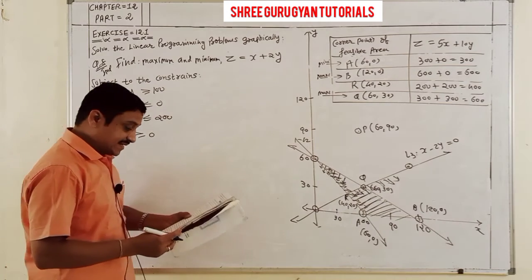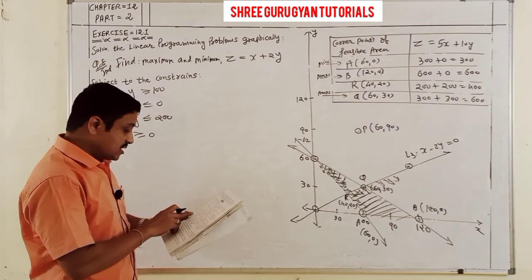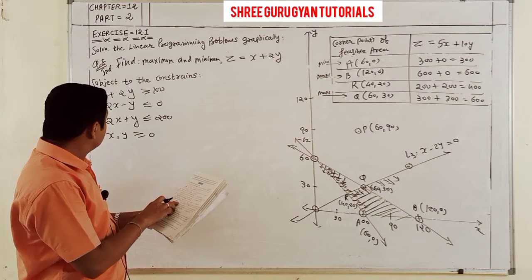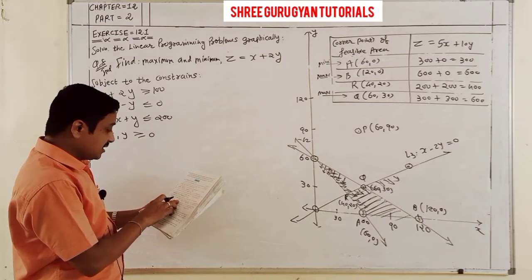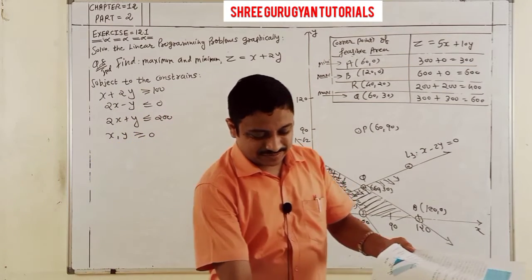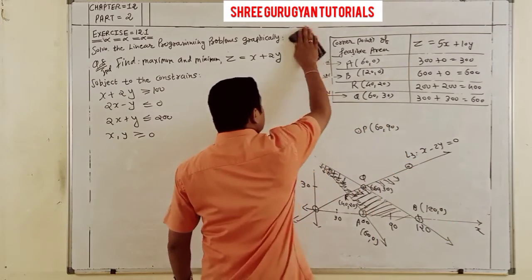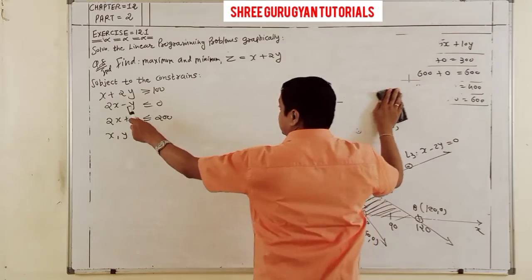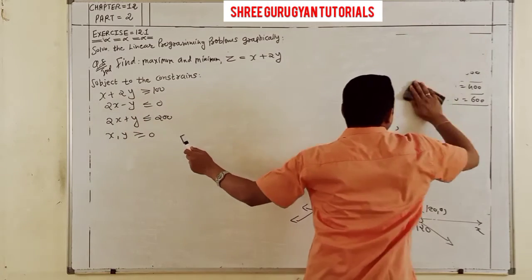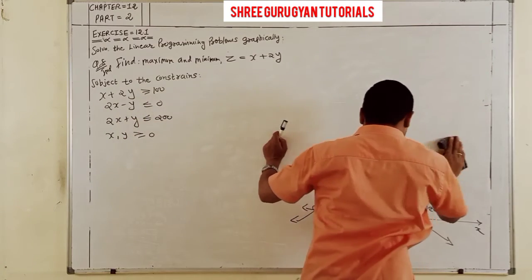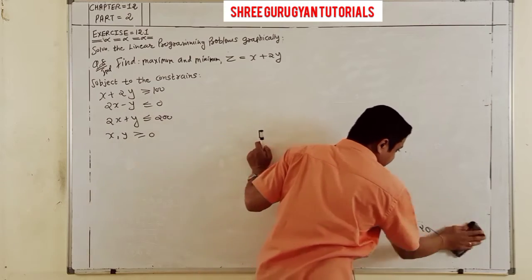One more time check: z is x plus 2y, and x plus 2y greater than 100, 2x minus y and 2x plus y less than 200. The same concept, only the values are different, students. This question is also important because these lines indicate the two half planes individually.